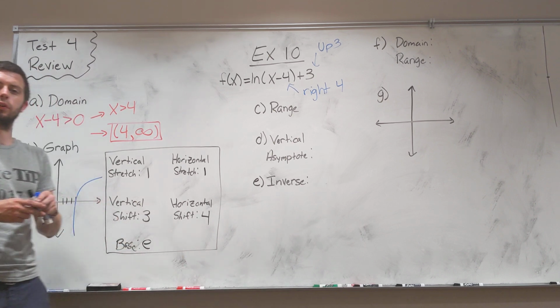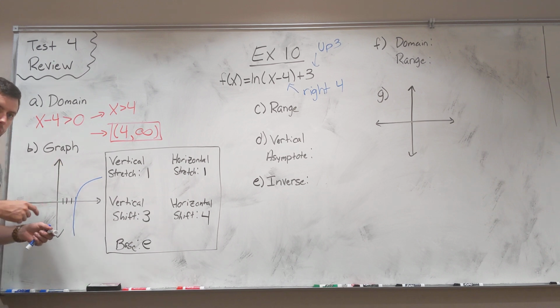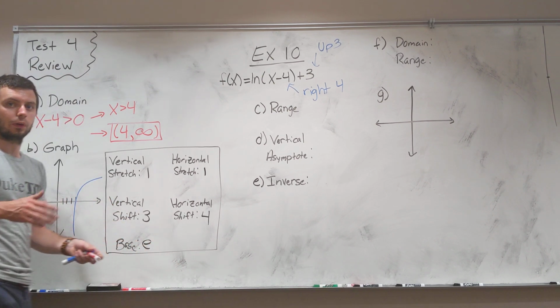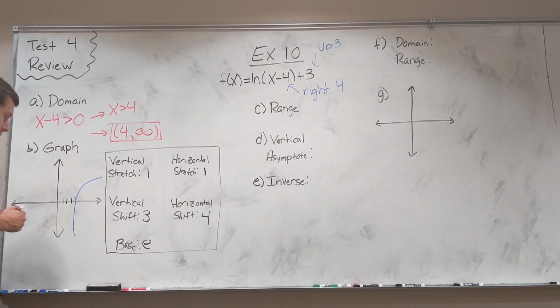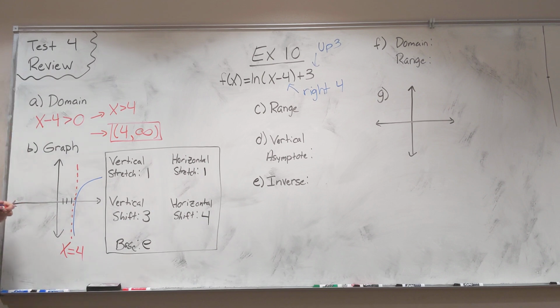Now there was something I noticed on 1 or 2 of these, and it required you to, right after you plotted this, you also have to plot the asymptote as a dotted line. In the graph, there will be a dotted line option, and you will have to put a dotted line at the asymptote. This asymptote being at x is equal to 4. So that is something to be aware of.